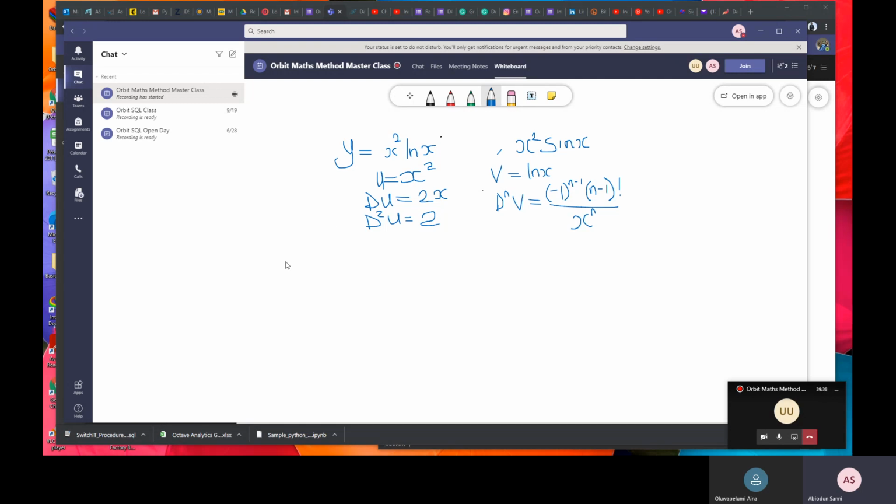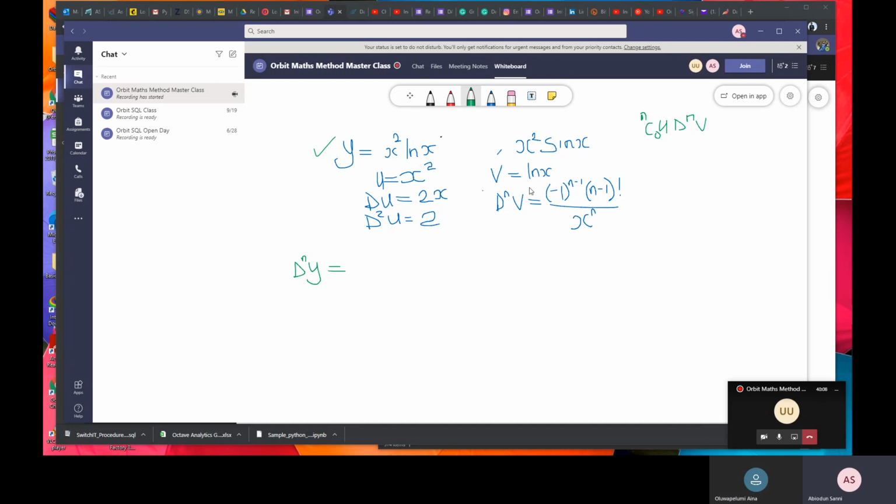So in general, my nth derivative for this function will be y^(n) equals, what's the starting point of my formula? n combination 0 u times what? D^n v, right?